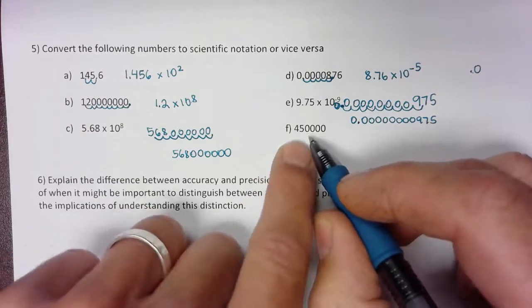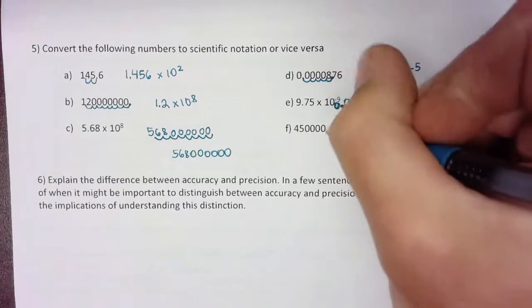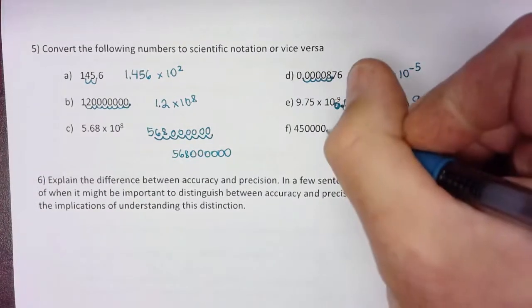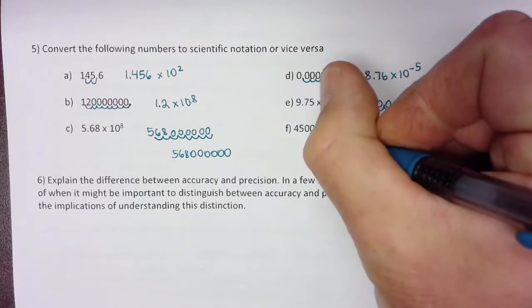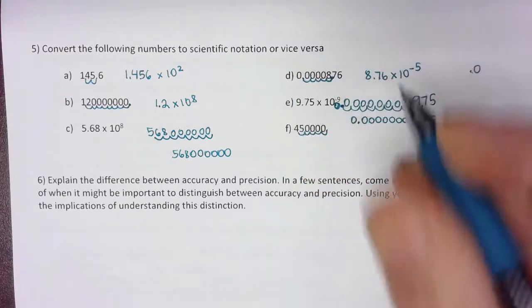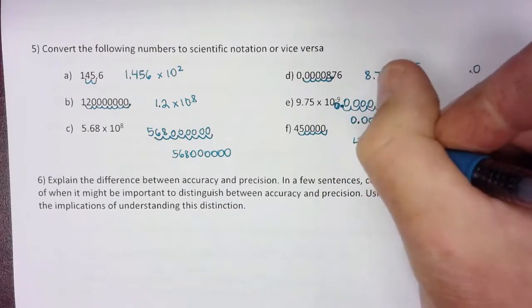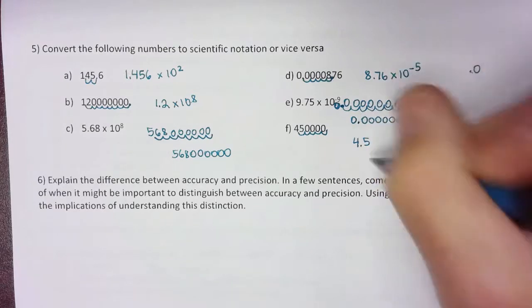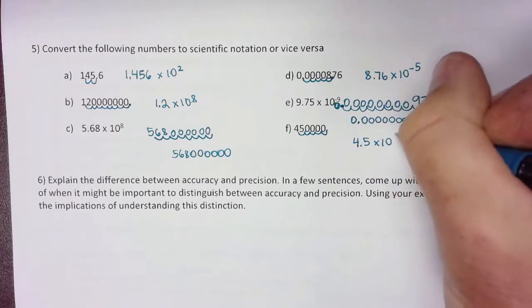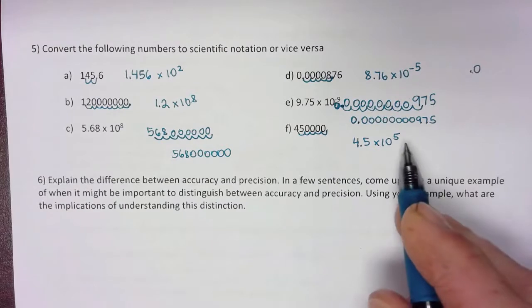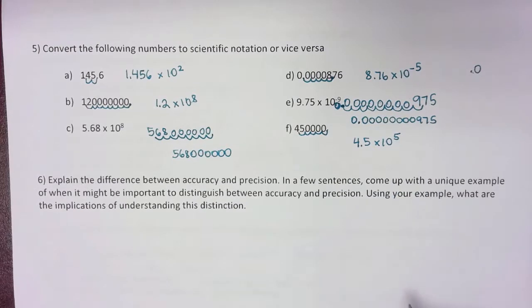Okay, this one here, 450,000. Remember, there's an implied decimal point there, so I'm going to move that 1, 2, 3, 4, 5 places. Find that first non-zero number. 4.5 times 10 to the 5th. Again, this is positive because the number is bigger than 1.